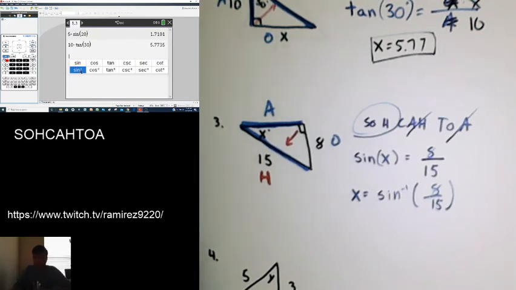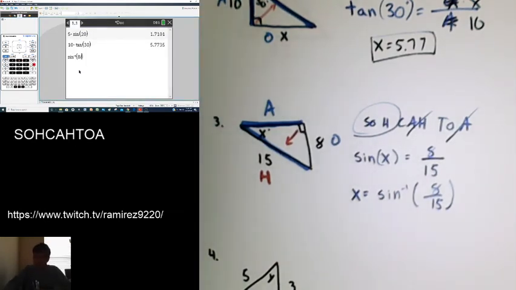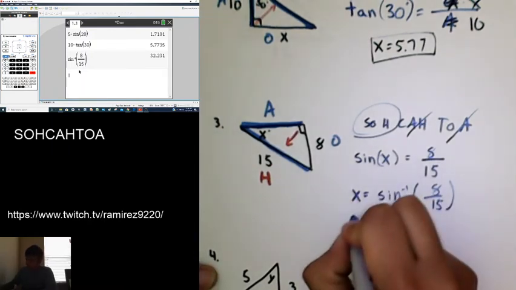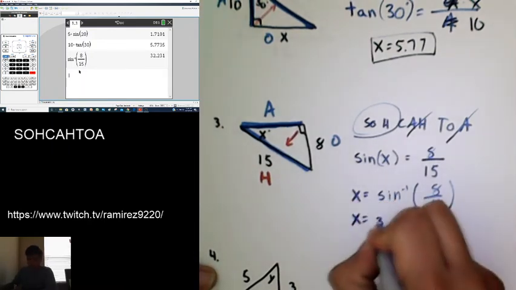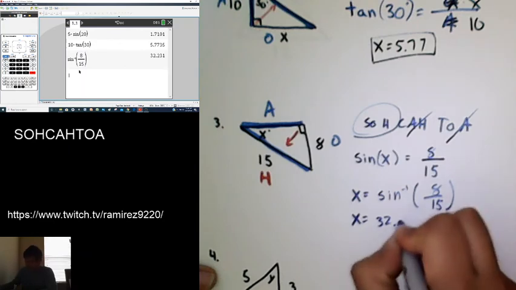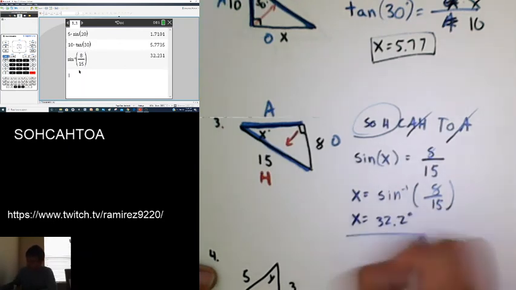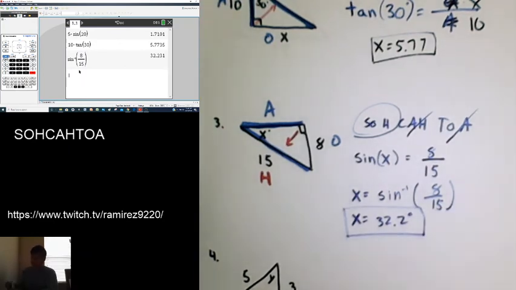Depending on what calculator you have, it's going to look like that. Sometimes they just have the letter A in front of it to say arc sine. Just depends what kind of calculator you have. All right, so we find out that the angle X is 32.2 degrees. Notice how my answer is now in degrees.